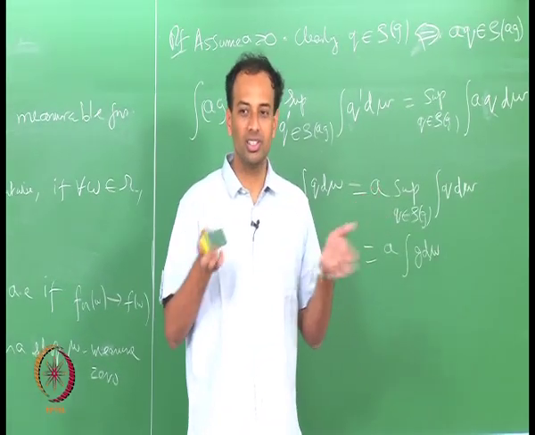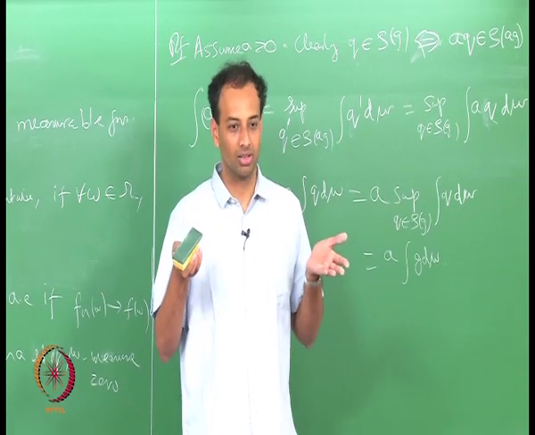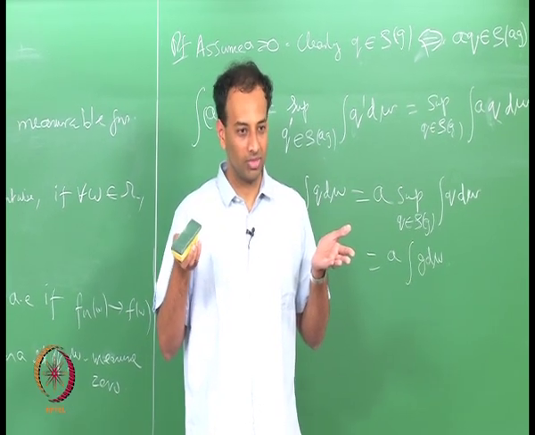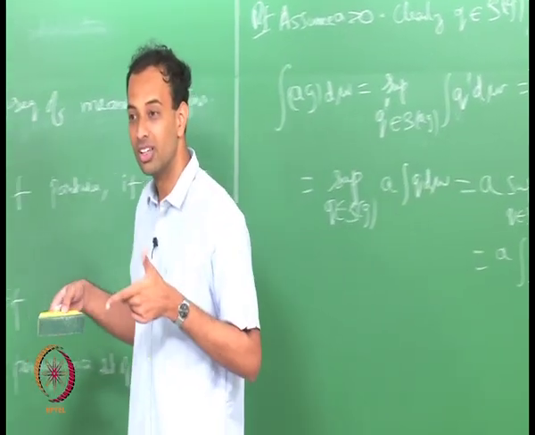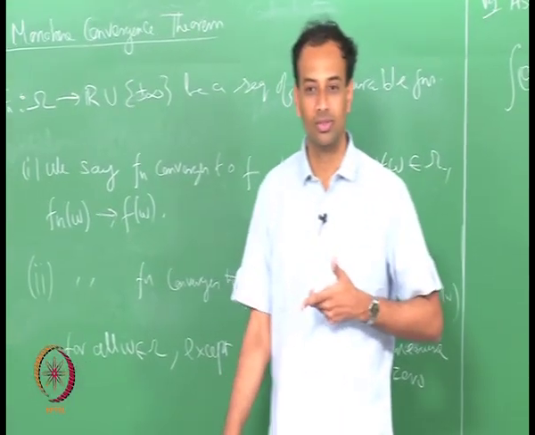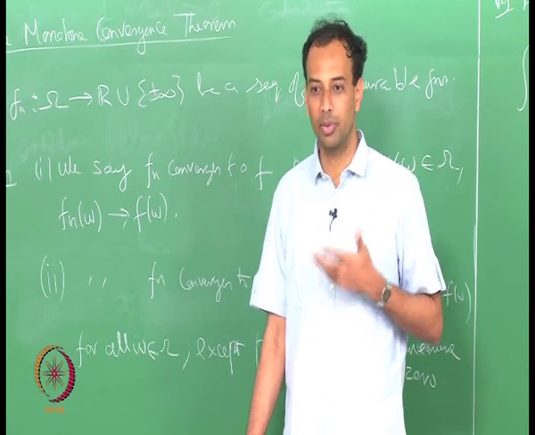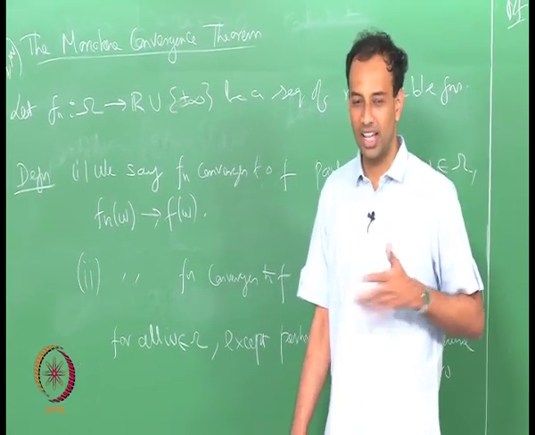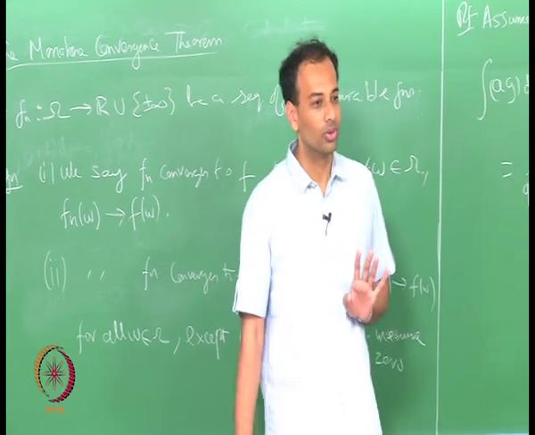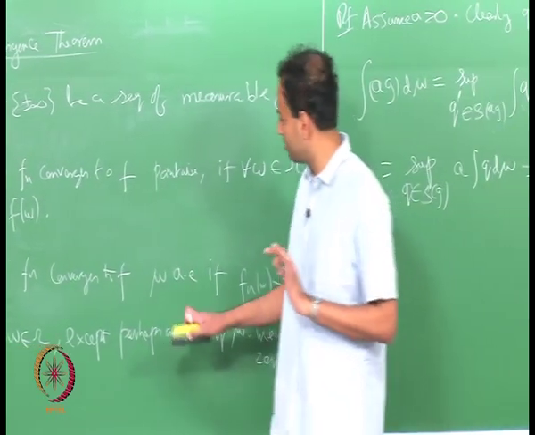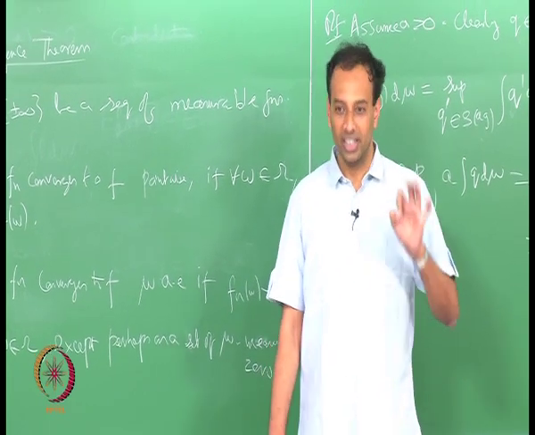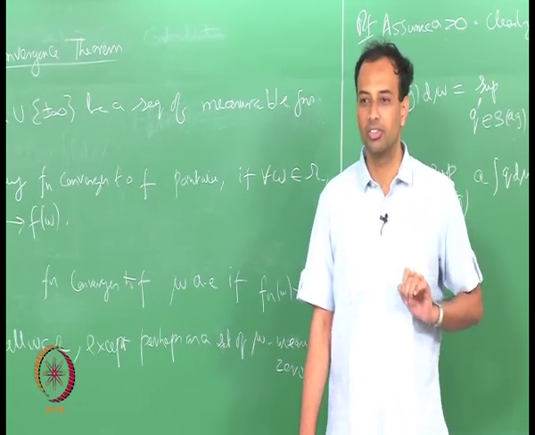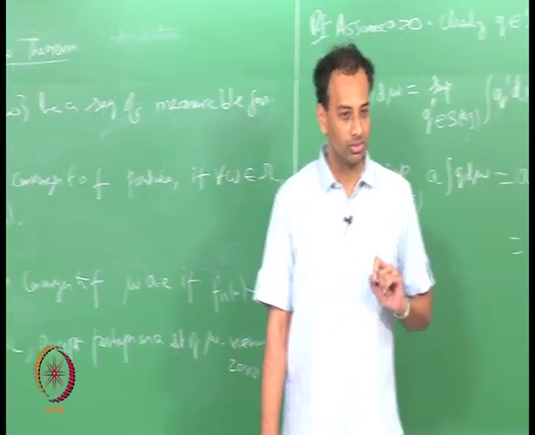Does that sequence converge at all? That is question number 1. If it does converge, does it converge to the integral of f d mu? That is the question we are trying to address. The answer is no, generally that is not true. Even if you have convergence of f n for every omega in omega, it is not true that the limit of integral f n d mu is equal to integral f d mu.